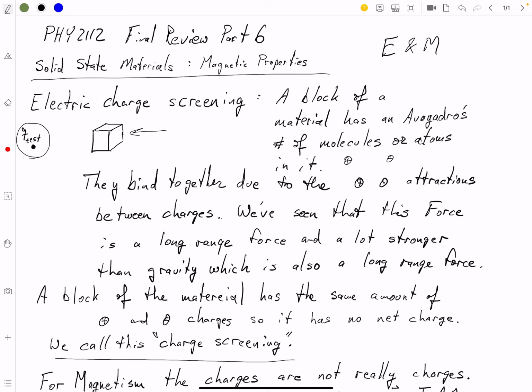Okay? And the whole point is a block of that material has zero charge, because they're all blocking or screening out. We call this charge screening. They're all screening out the charges from each other, so that if you were to look at the net charge, it would be zero. So we call that electric charge screening.